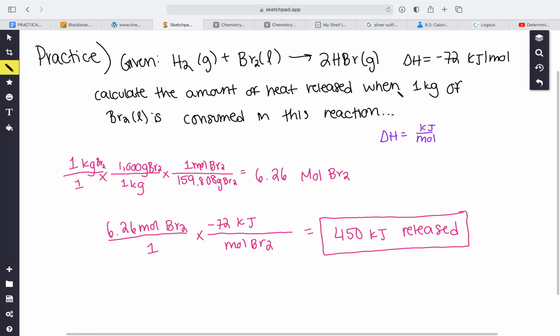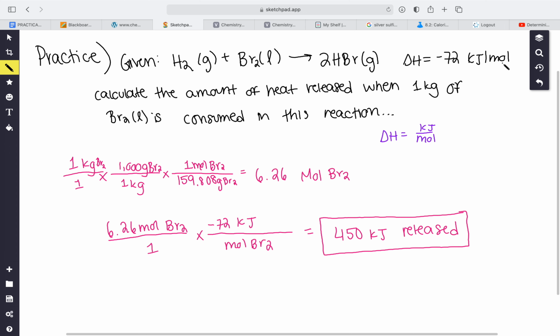We have a reaction happening, we're given the heat, and we just want to find out how much heat is released when 1 kilogram of this is consumed, right? So we're told, okay, here's the standard equation, and here's how much heat is released per mole. So we have to find out how many moles are occurring in this reaction, and then we can find out from there how much heat, because heat is given to us in kilojoules per mole.